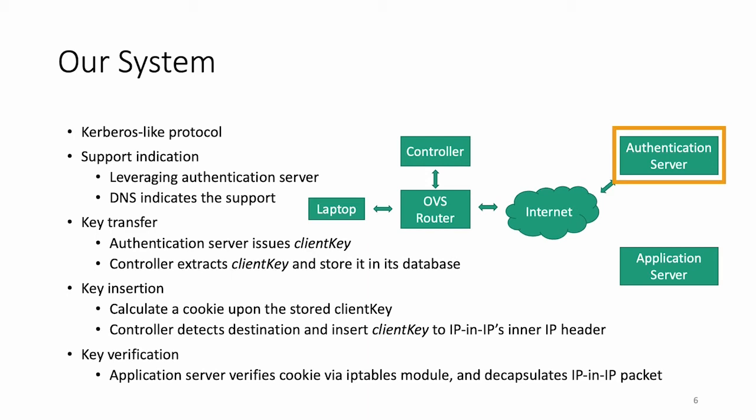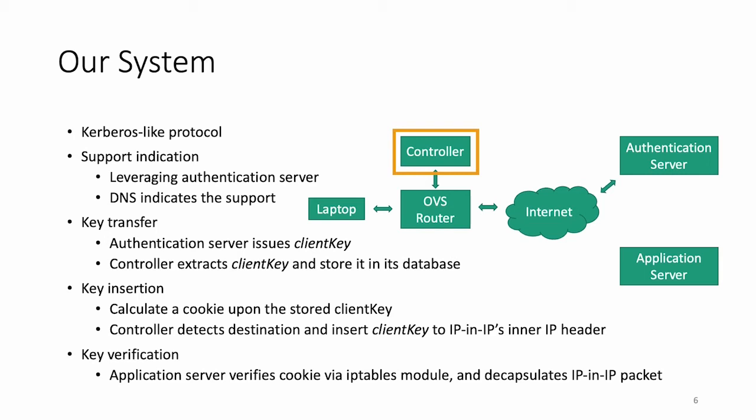Then it generates a client key, inserts it into the IP packet and sends it out. When the controller receives the backward packet, it can decapsulate it, extract the client key and store it into its local database.